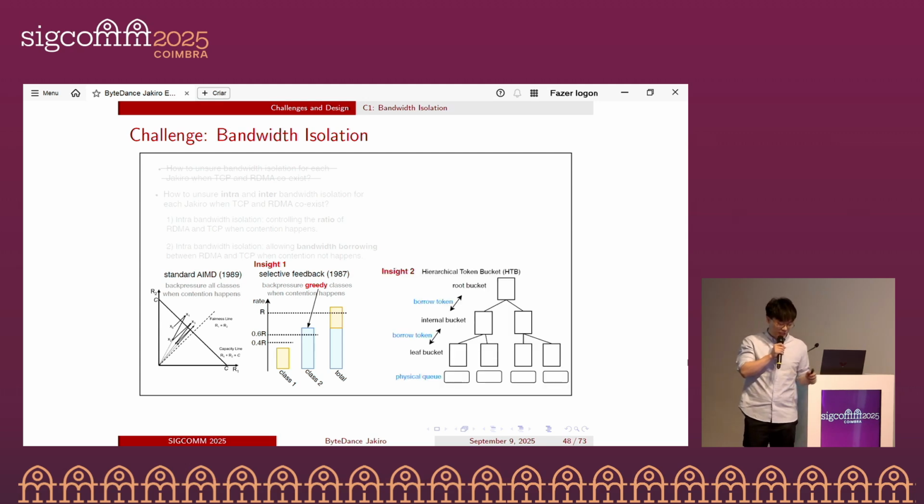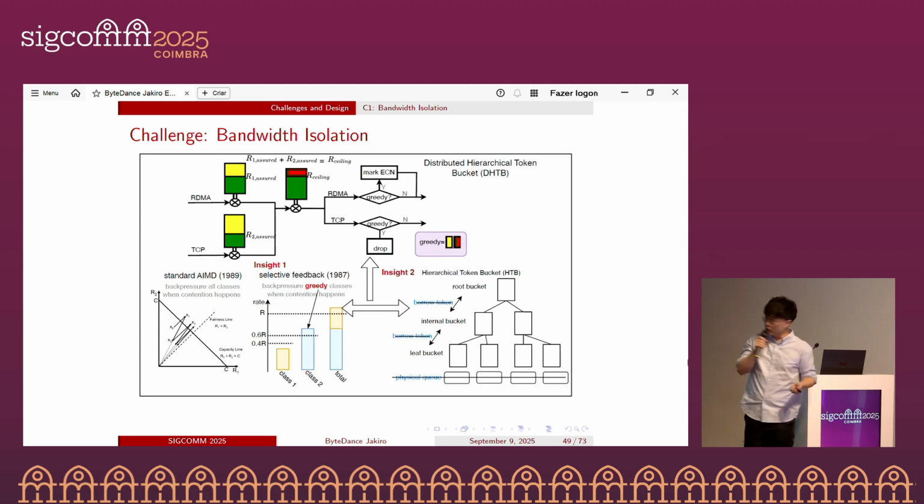Another classical idea that inspired us is hierarchical token bucket for bandwidth sharing. So what we did is we removed the physical queues and token borrowing in the standard HTB and combined that with selective feedback. And we end up with a method called distributed hierarchical token bucket, DHTB.